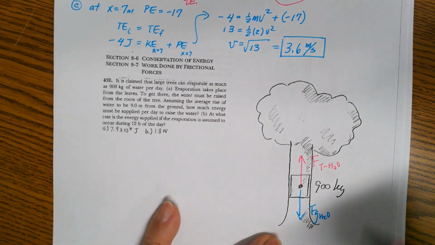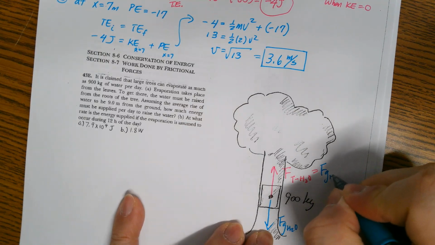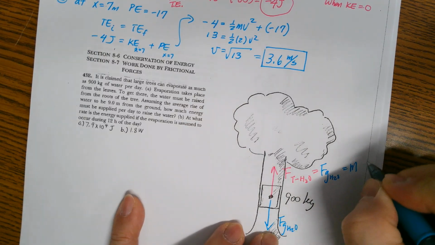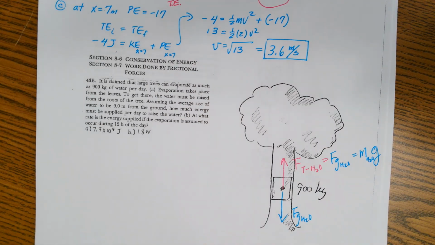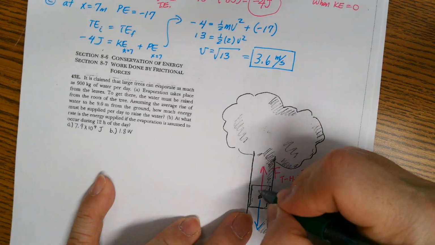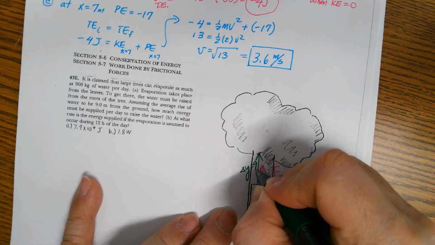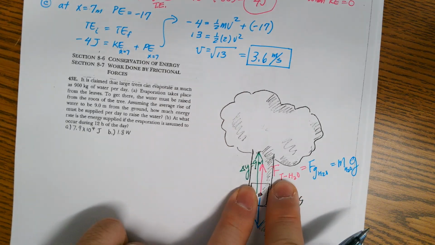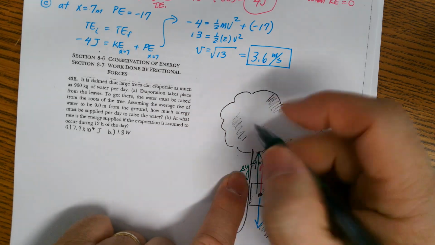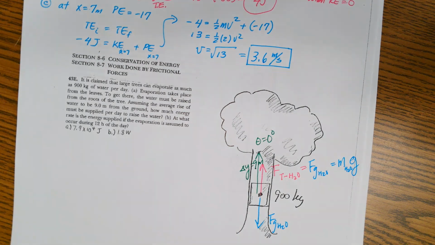So we could say that this is equal to F_g of H2O, and that is just mg, m of H2O times g. And it has to be raised 9 meters. So here my delta y is equal to 9 meters. So notice the angle between my F and delta y, theta, is equal to 0 degrees. Are we okay with that?